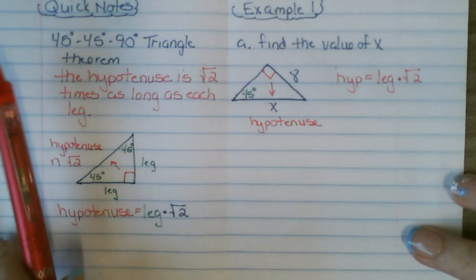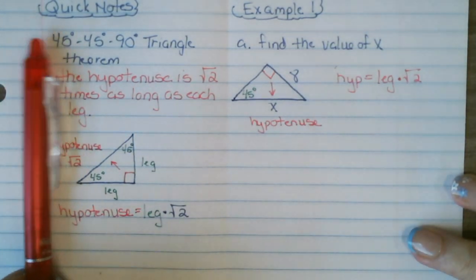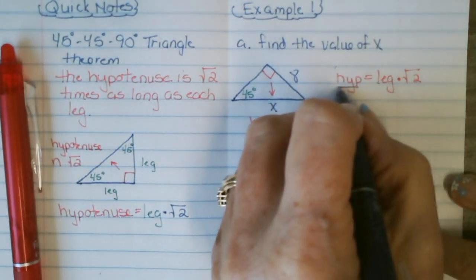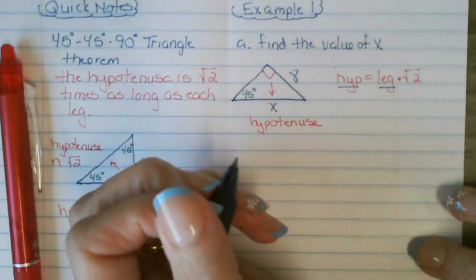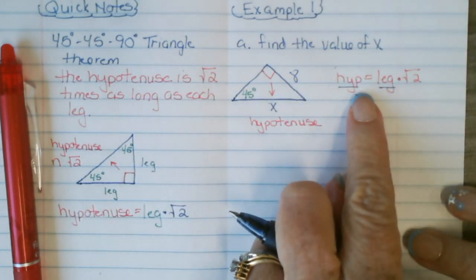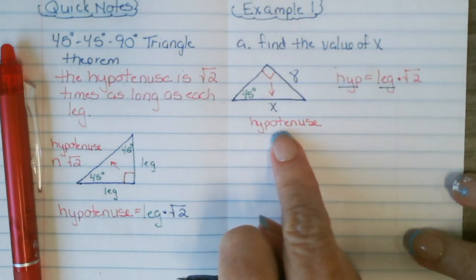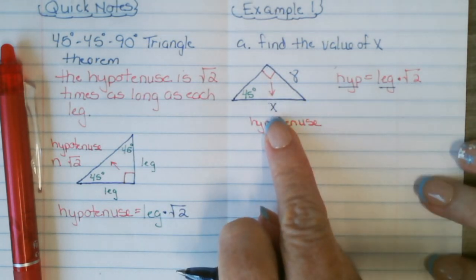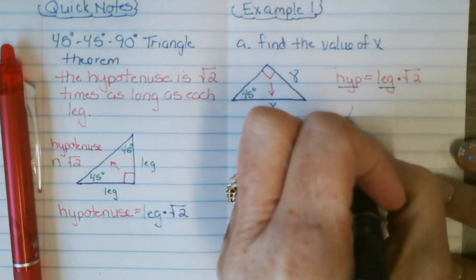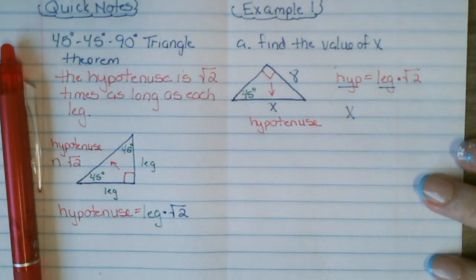So the next thing you've got to do is you've got to fill in for your hypotenuse and your leg. All right, so our hypotenuse, we know, we come back over here because we know it's across from the right angle, is going to be x. So my x is going to go right underneath my hypotenuse.